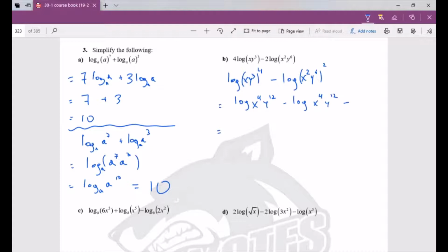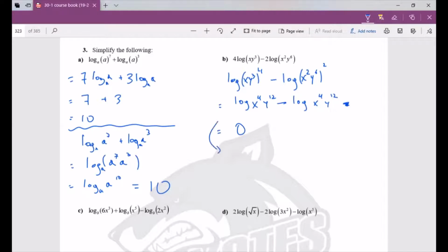This is just equal to 0. We have the same amount. We're subtracting logarithm of x to the 4 y to the 12, subtract log of x to the 4 y to the 12. It's positive 12 minus 12. You're subtracting two things, and so that's equal to 0.